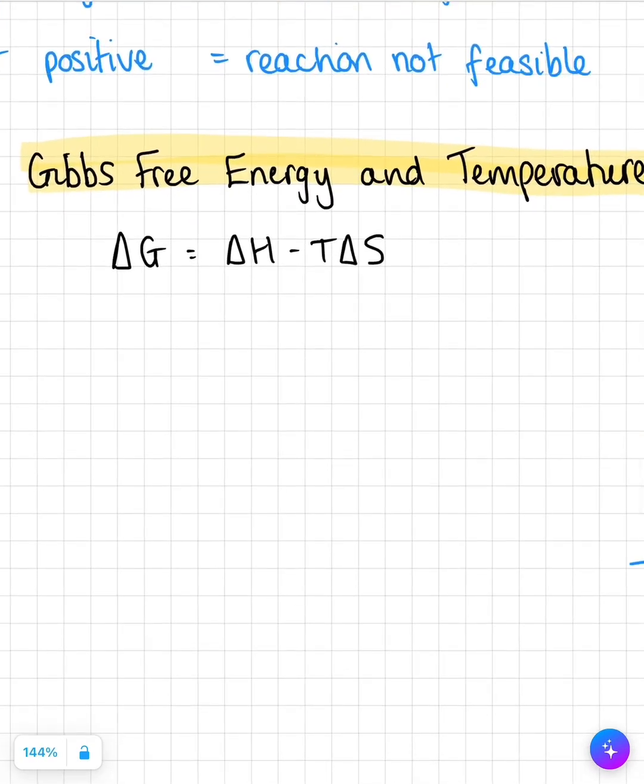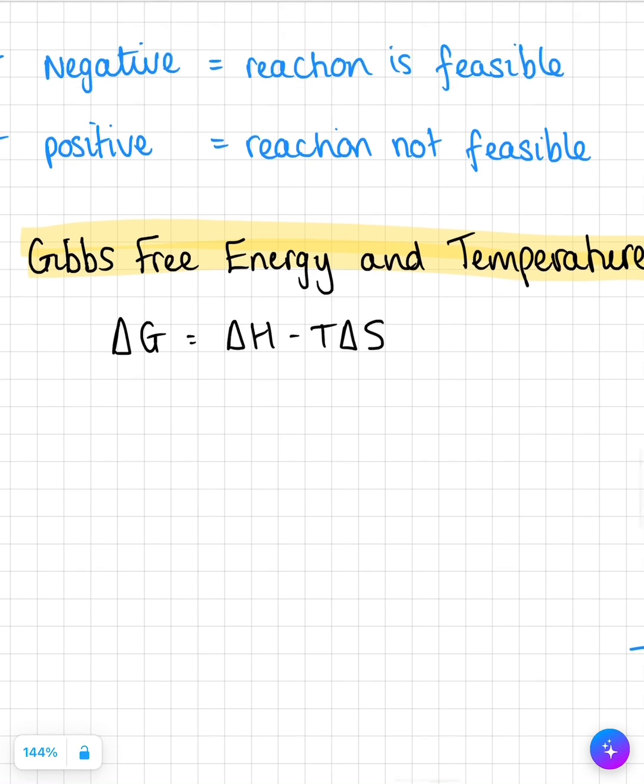Now we can manipulate the Gibbs equation to calculate temperatures at which reactions are feasible. Because for a reaction to be feasible, our Gibbs needs to be negative. So if we say that Gibbs is 0, so 0 or below negative, our reaction is feasible.